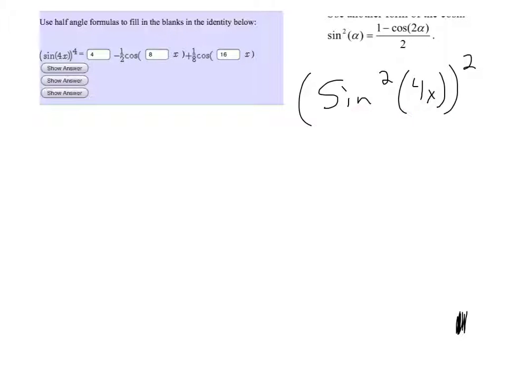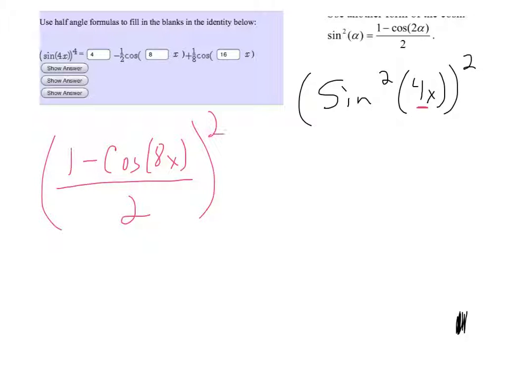Now what's nice about this is then I can apply this power reducing formula to that. So I'm going to think of this as 1 minus cosine of 8x, if the alpha is 4x, 2 times that is 8x, all over 2. Squared.